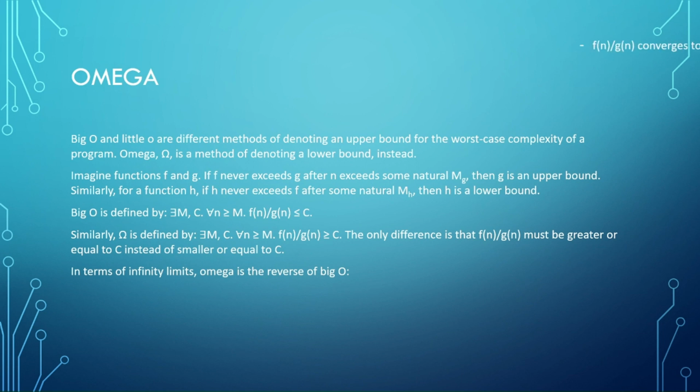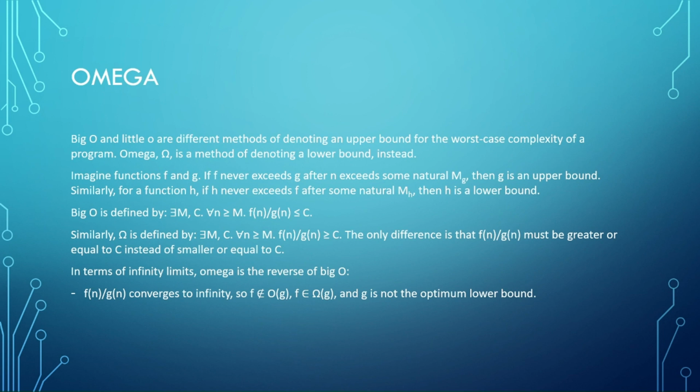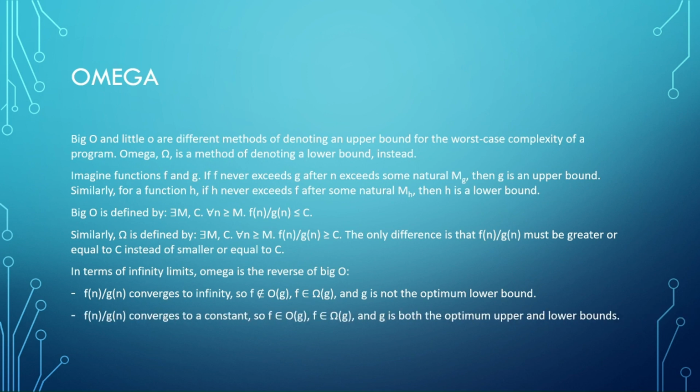So we have three possibilities. f of n over g of n converges to infinity. So f is not of big O of g, but it's of omega g, and g is not the optimal lower bound, just like the reverse might say. If it converges to a constant, f is of big order g and f is of omega g, and g is both the optimum upper and lower bound.